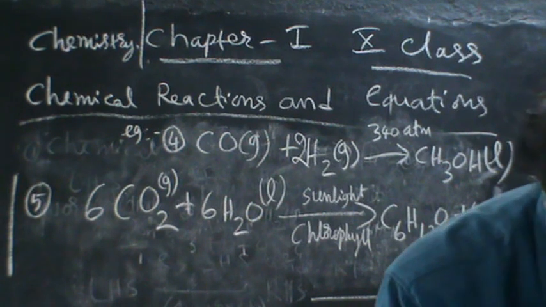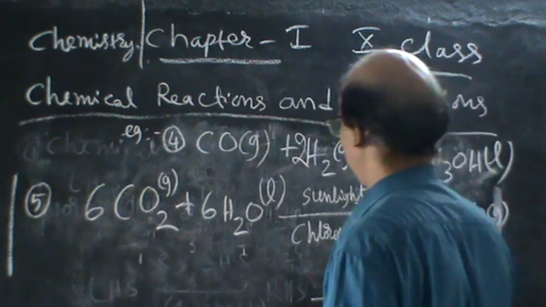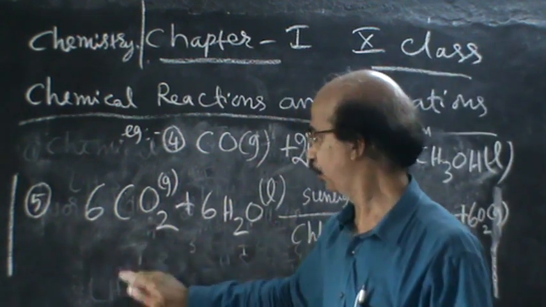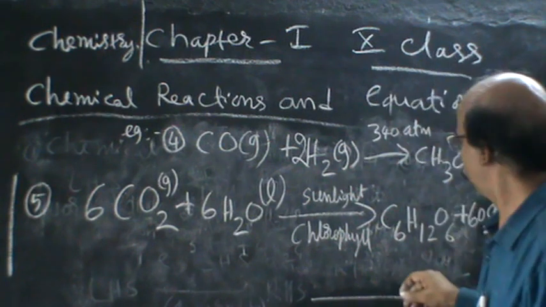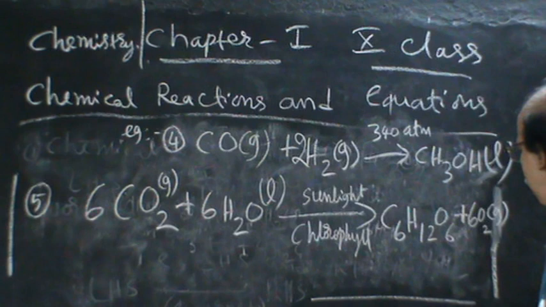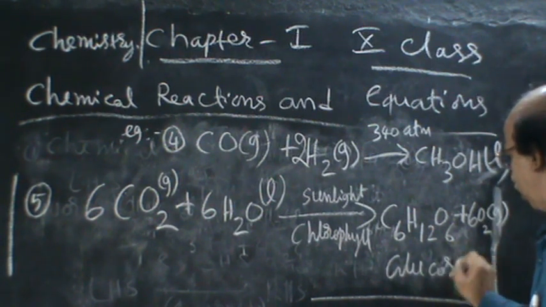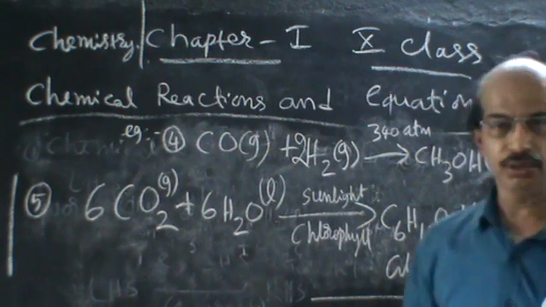In the textbook, by mistake, they have given aqueous here. You must correct it: it's not aqueous, it's gas. It is clear to you. And here also, carbohydrate is generally considered solid. We call it glucose here. So this is nothing but photosynthesis.